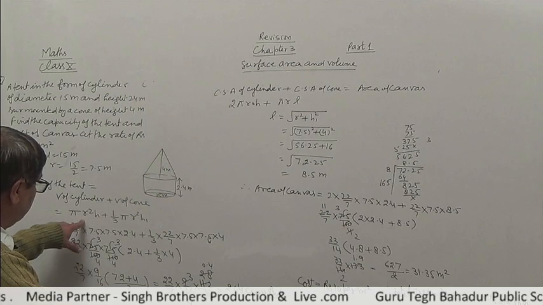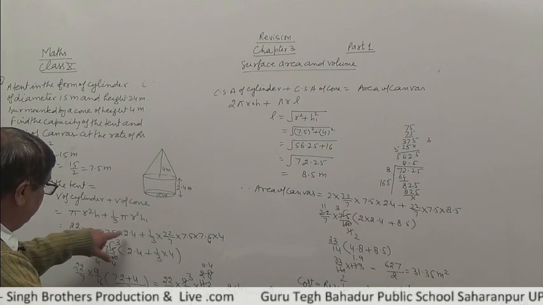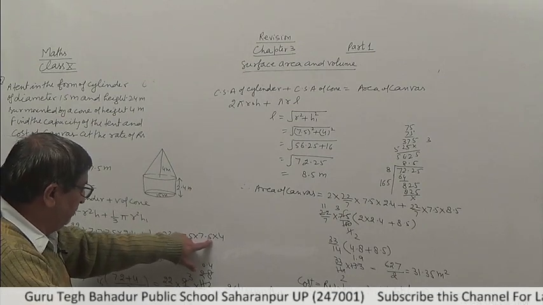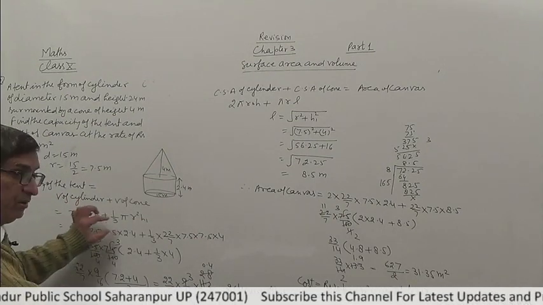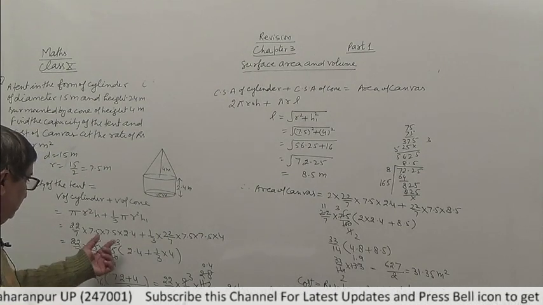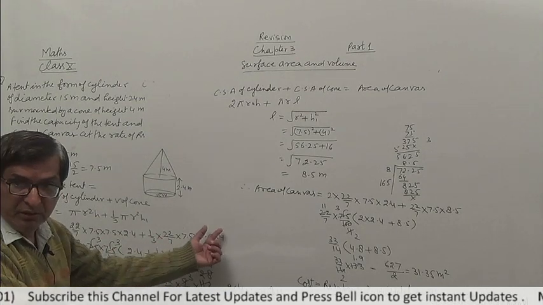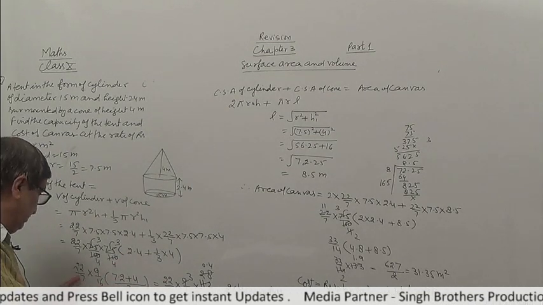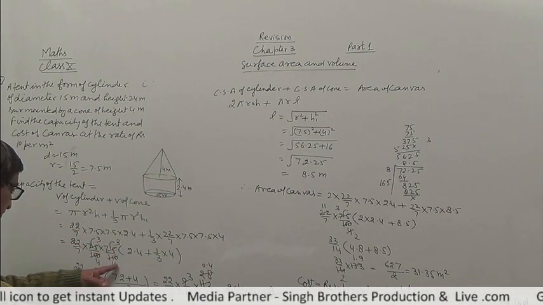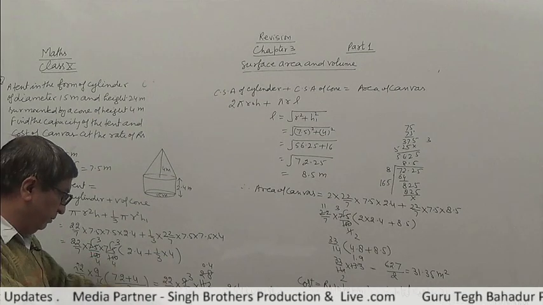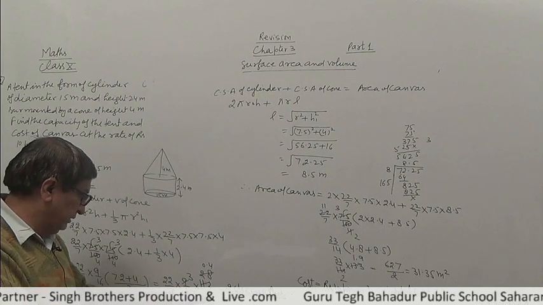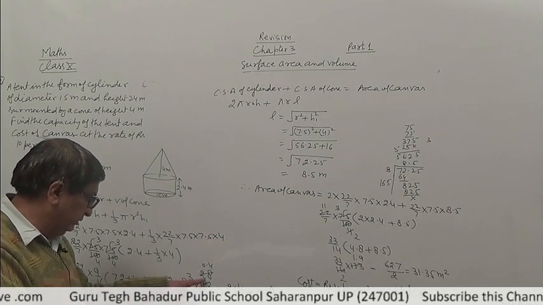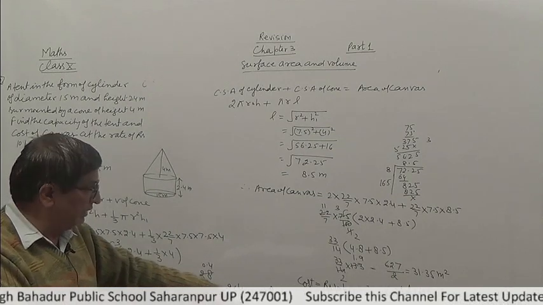Taking the common and the LCM, it becomes 7.2 plus 4, that is 11.2.